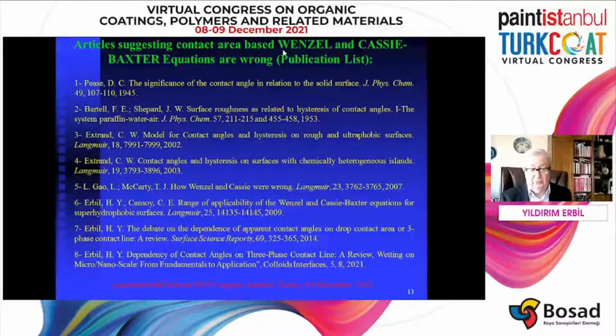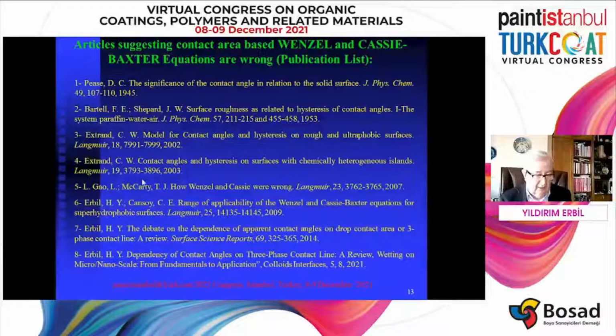The first article was published by Pease in 1945, and also Bartell, a very famous American researcher, showed one cannot calculate contact angles by using the Wenzel equation in 1953. And Extrand pointed out that Wenzel and Cassie-Baxter have many problems to be applied in 2002 and 2003.